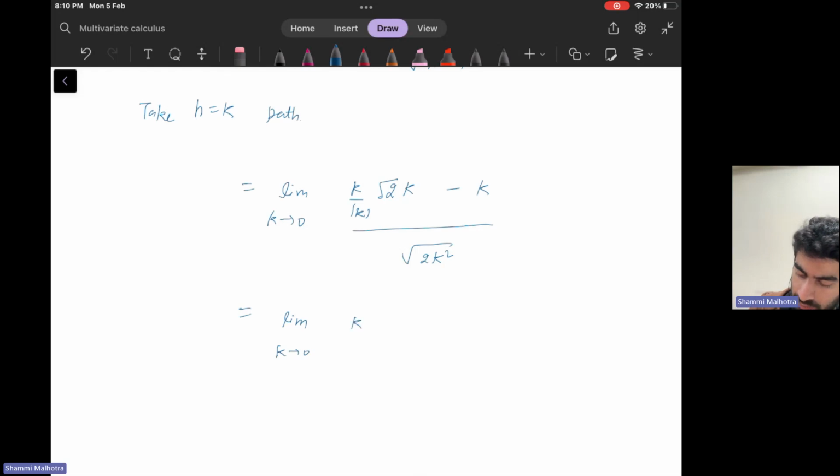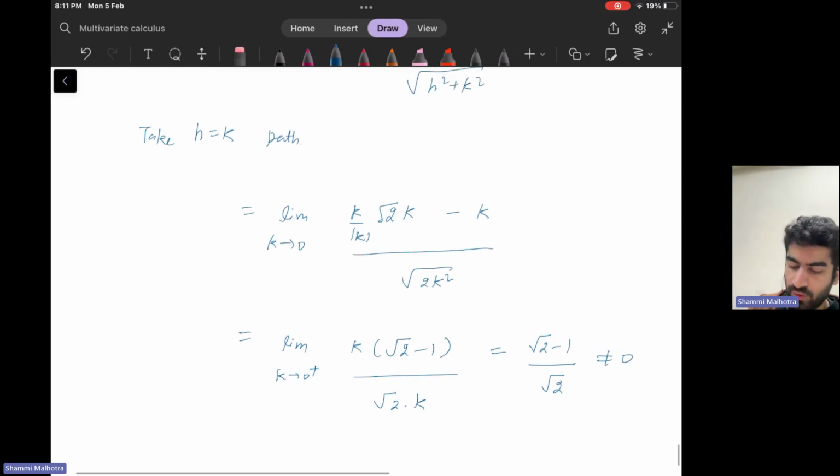I can take k to be common, and again I can take k from the positive side, so at least I remove the modulus expression. So this will be just k times root 2 minus 1, over root 2 k, which is root 2 minus 1 whole divided by root 2, and this is not equal to 0. So the limit is not coming out to be 0.